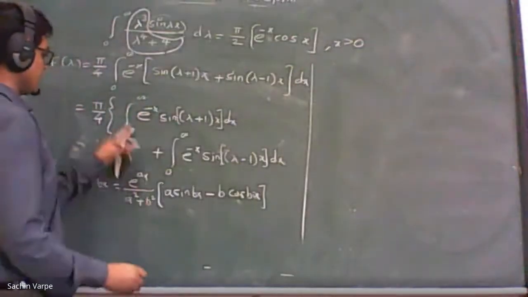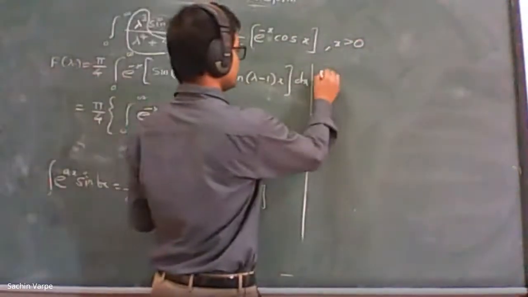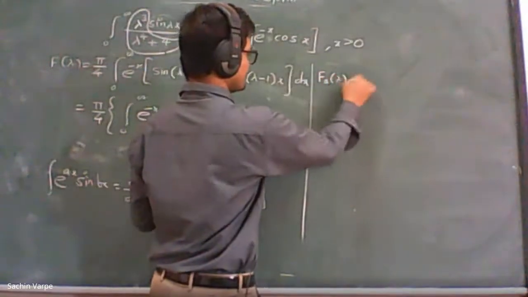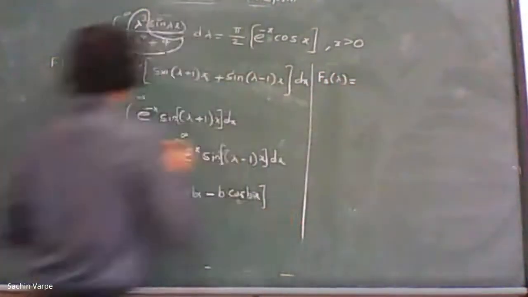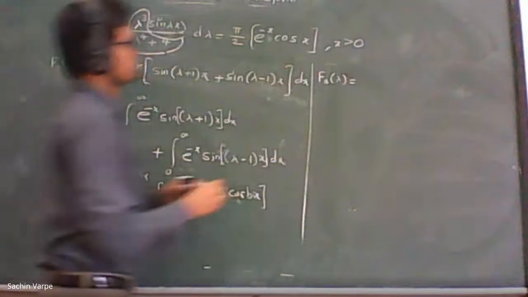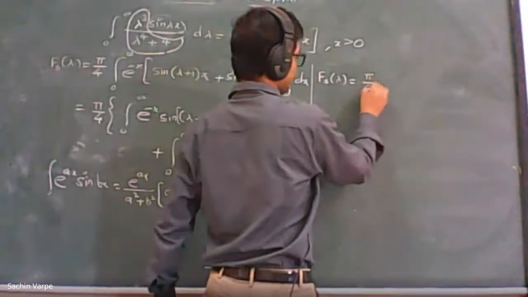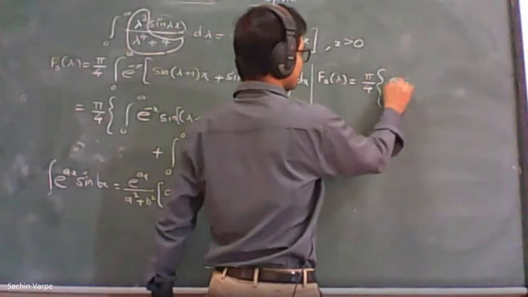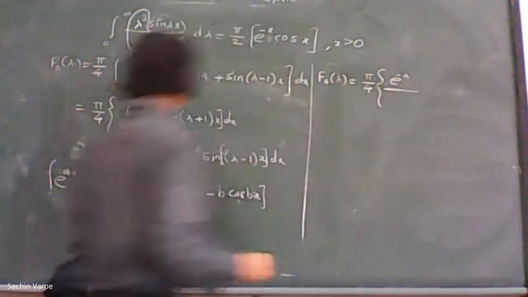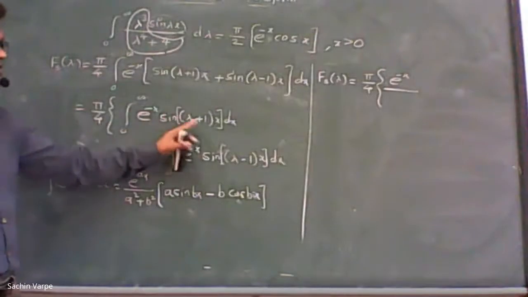So apply this formula to the first integration. F of lambda, or Fs of lambda, equals pi by 4 into e to the power minus x upon, see, a is minus 1 and b is lambda plus 1.